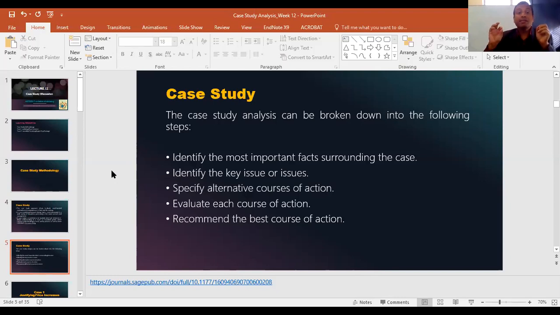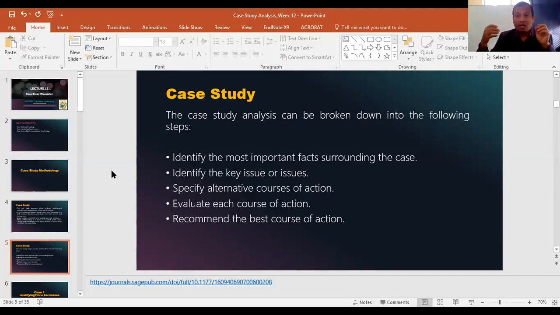The third stage is to specify alternative courses of action. I mean to say, within the boundaries of that particular case, what different alternatives have been given.